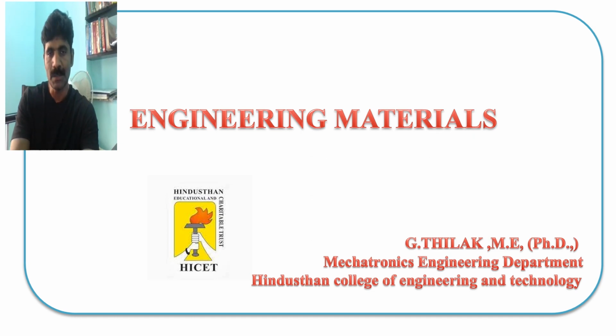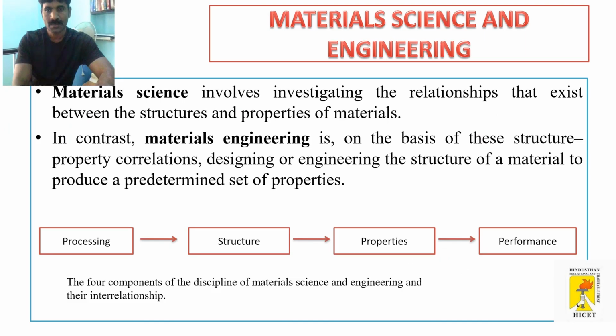I'm here to talk about engineering materials and some fundamentals of engineering materials. Before getting to know what a material is, what the types of material are, and how a material can be selected for a particular application, we should know what material science and material engineering are.